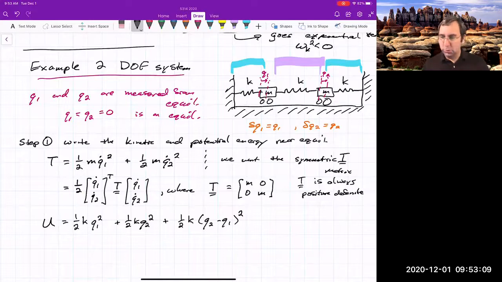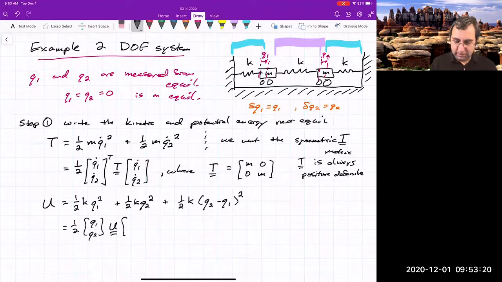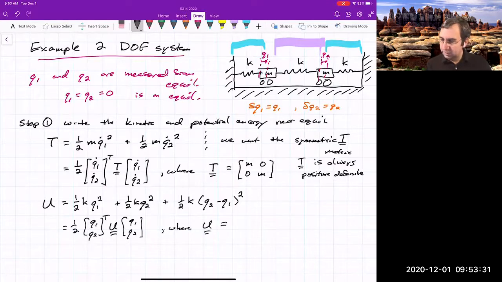Okay. So you work all that out, and you want to write this in the form of 1/2 the Q's transpose times the U matrix times Q. Here's what you get. You need to make a choice so that this is symmetric. And what do you know? That's what you get.